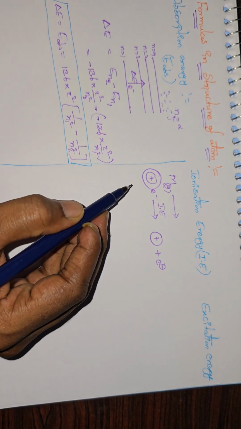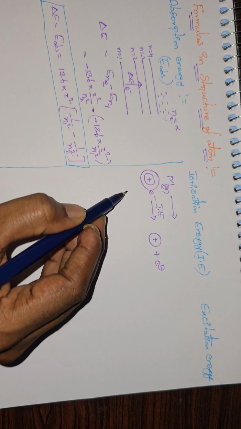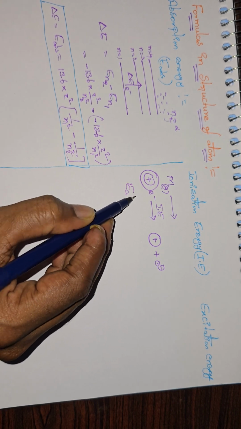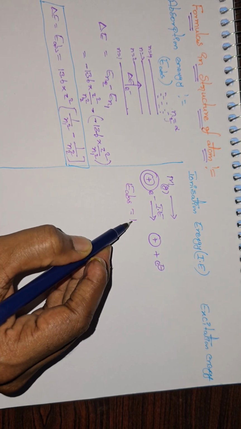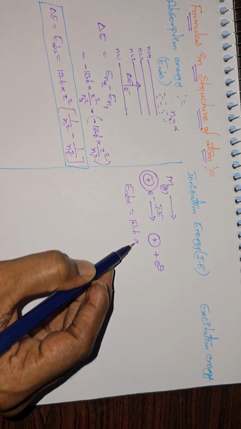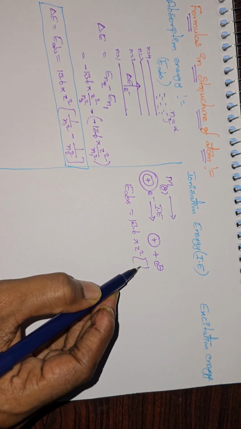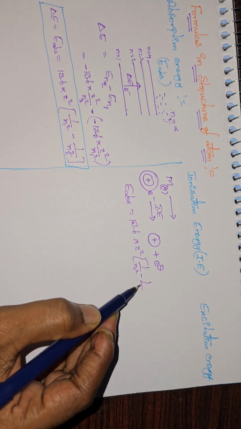So what is the formula, as in absorption? The absorption energy is 13.6 into Z square, 1 by n1 square minus 1 by n2 square.